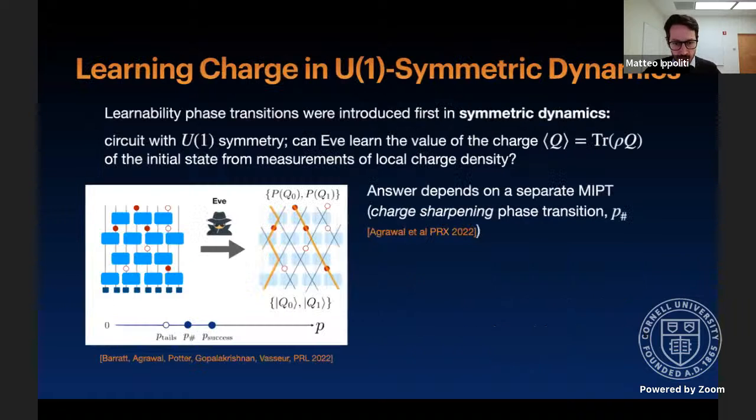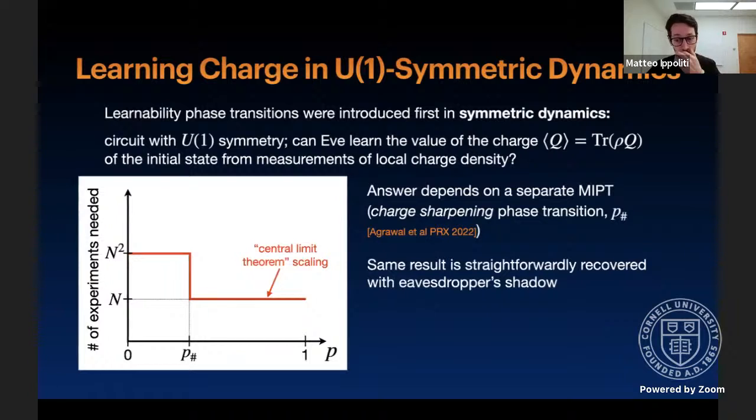The last thing we look at is an application to systems with a symmetry, which was pioneered in works on systems with a U1 symmetry, where you're trying to learn the value of a conserved charge. There is a U1 charge, the number of particles for example, that is conserved, and you're measuring the local charge density and trying to guess the value of the total charge. This was analyzed in a couple of very nice papers in the last year or two. And here the nice thing is that we don't have to think about this very hard.